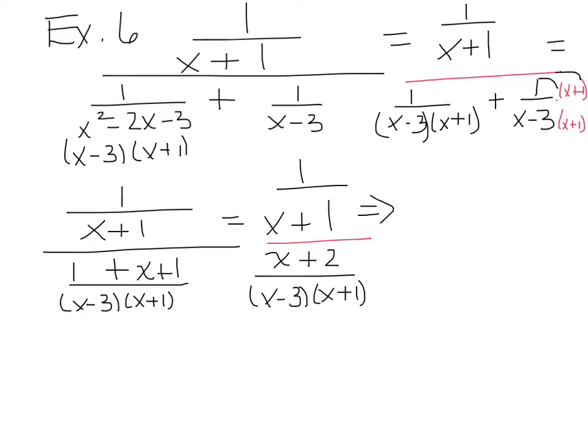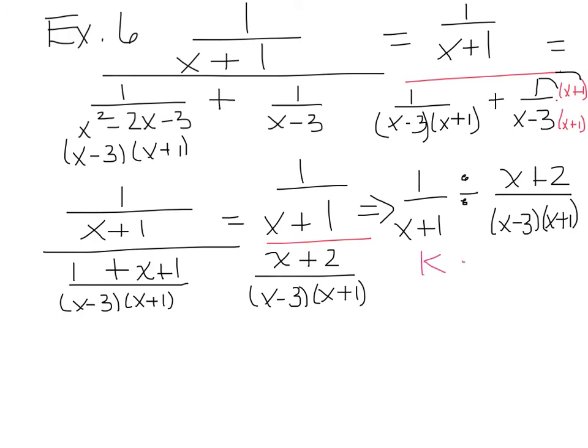So now I have a division problem. So it looks like this. Then I'm going to do keep, change, flip. So I keep my first fraction, change division to multiplication, and then I'm going to flip my second fraction.